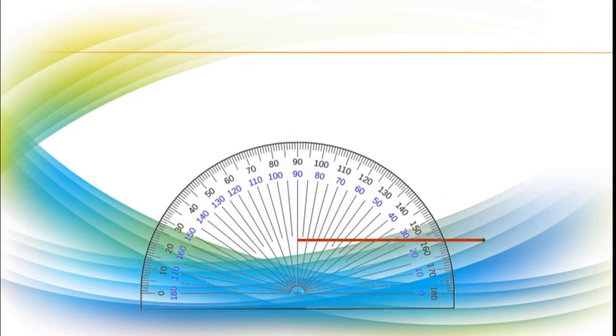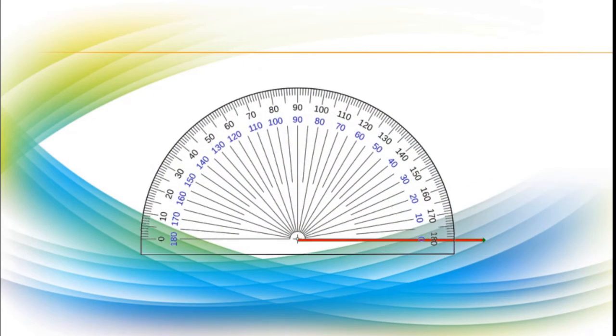Yes, students, we have drawn the line and we kept the protractor on this one. Now I will show you how to use the protractor and how to read the angle. See, this is 0 degrees. It moves slowly up. See the blue colored markings, because we started from the right side. So you have to observe the blue colored readings. That is 30 degrees.